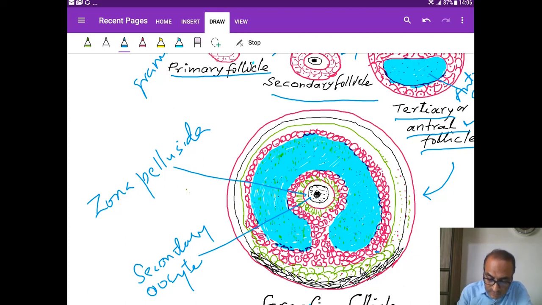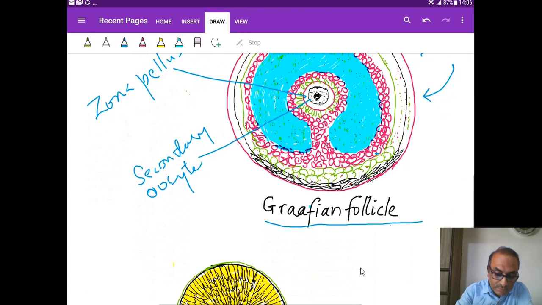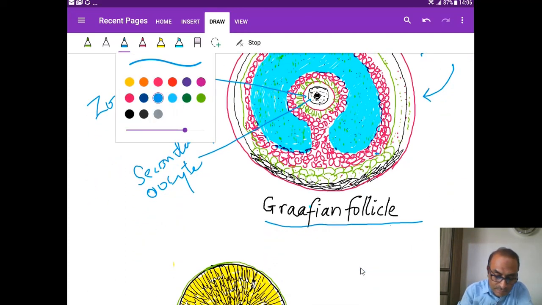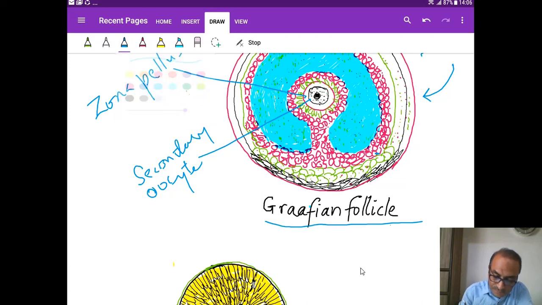And next to it there is a layer of granulosa cells only, arranged in a radiating fashion, and that forms the corona radiata. Let us mark it.